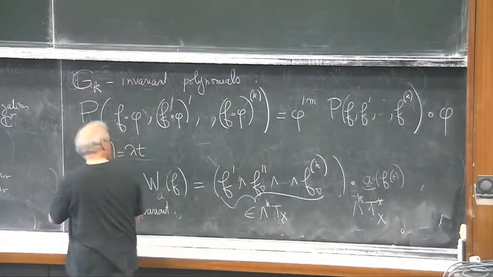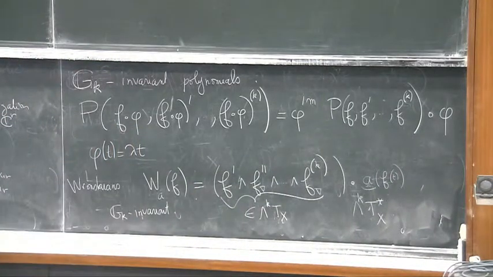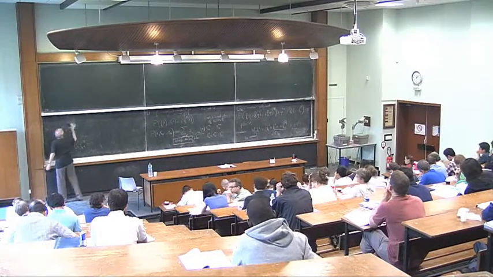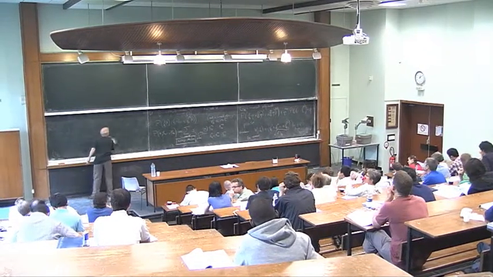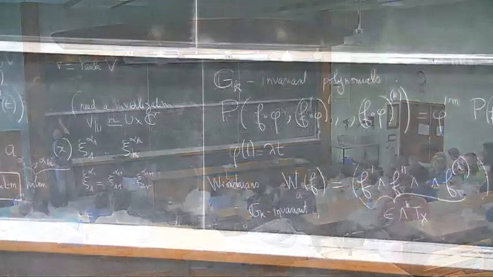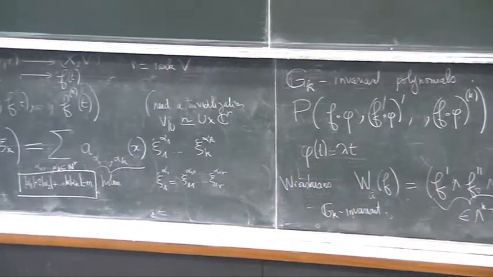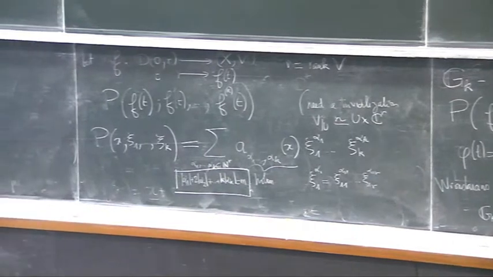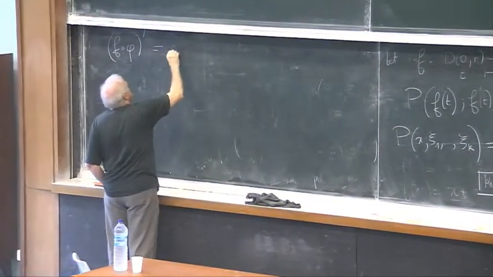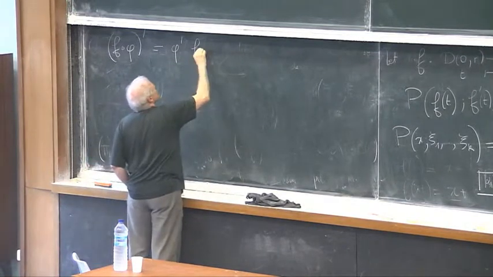Well, let me compute for k=2, for instance, just to see what happens. So (f composed with phi)' is just phi prime times f prime composed with phi, first year calculus.